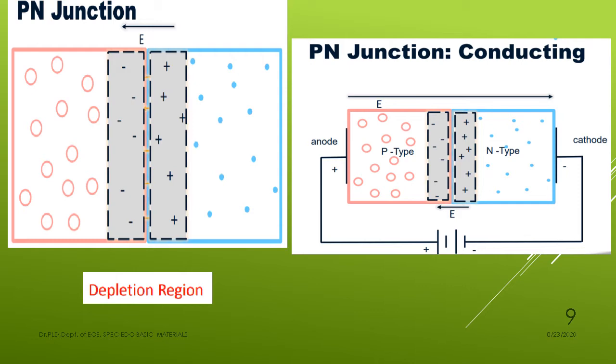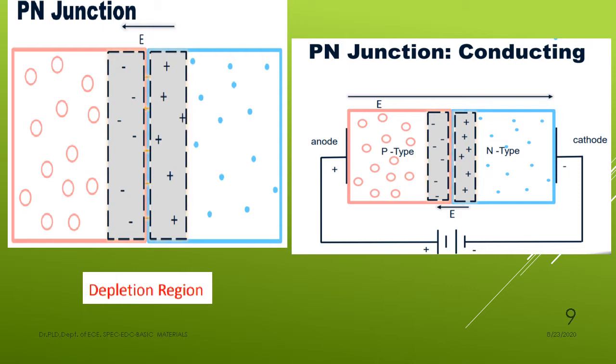Because of this, the same charge carriers are repelled together. The holes are pushed towards the depletion region and the electrons are pushed towards the depletion region, because the negative terminal repels these electrons, which also have negative charge. So opposite charges attract and like charges repel.